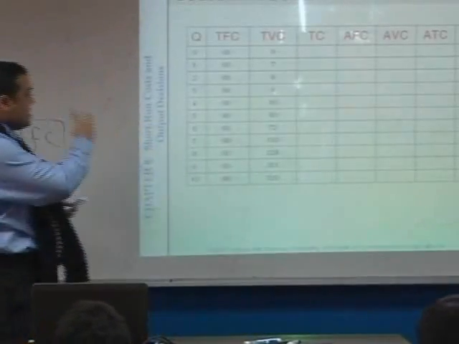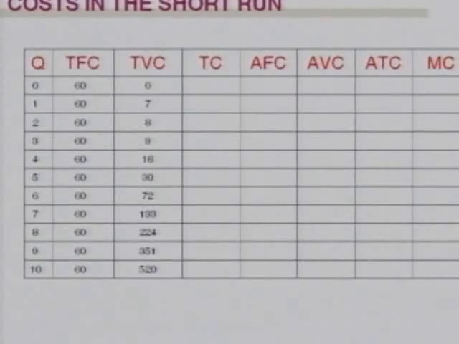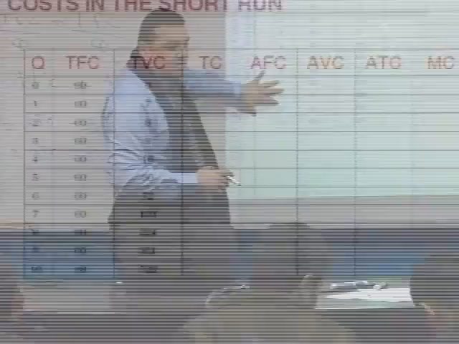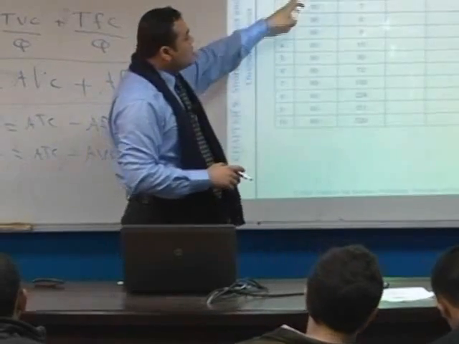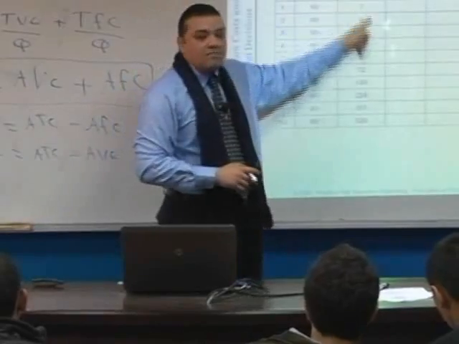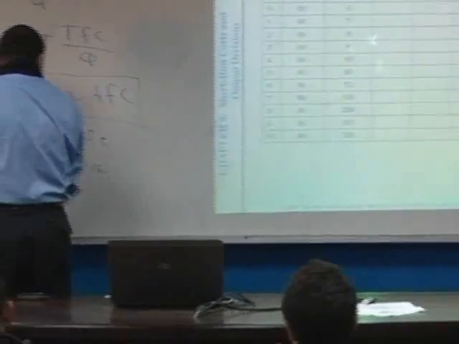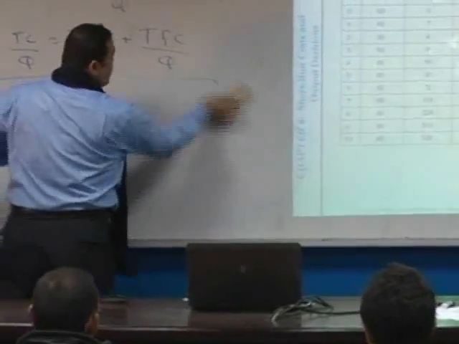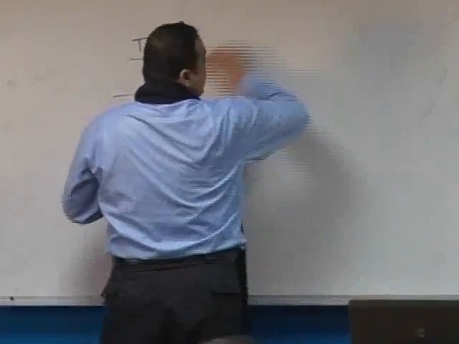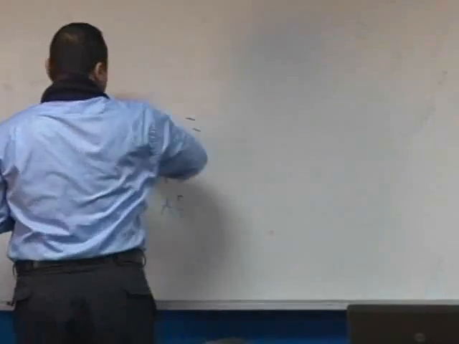when we answer the following exercise. So suppose that we have the following information: quantity produced or the output, total fixed cost and total variable cost. The question is to calculate the total cost, average fixed cost, average variable cost, ATC and MC.